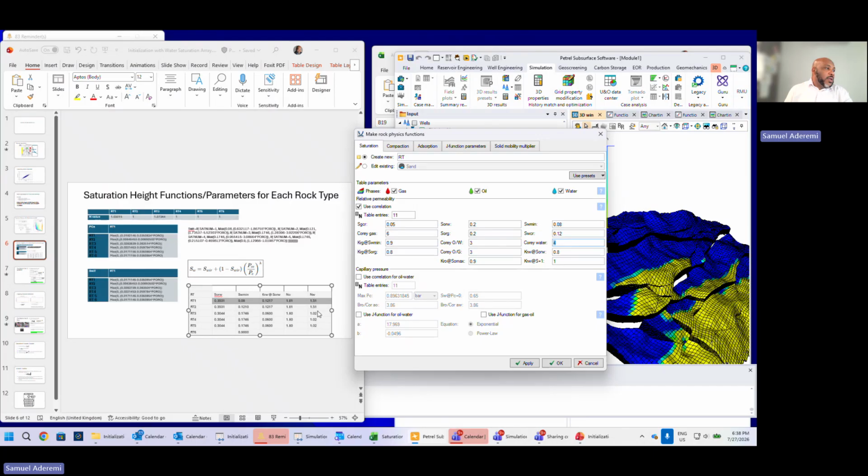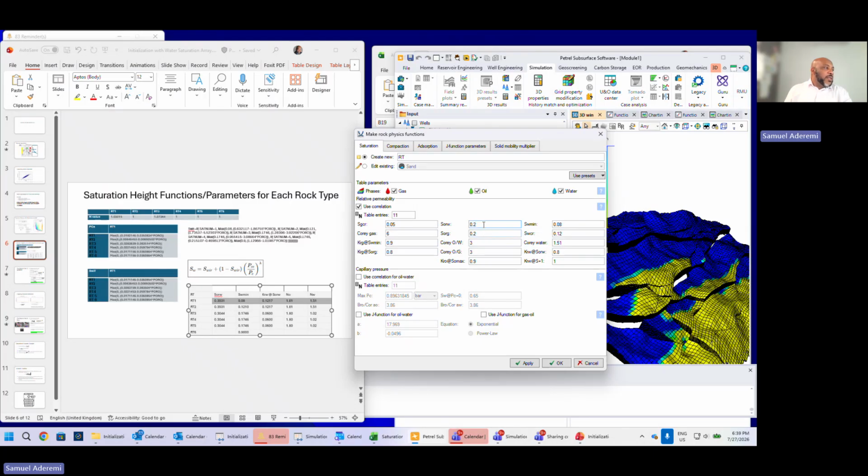We have the Corey for water, which defines the curvature of the curve. And we know that the smaller the number, the faster the movement of the flow system. And also, the higher the number, the slower the movement. So we also have the Corey here. We also need information around the irreducible oil saturation, which will correspond to, I will show you when we generate the table.